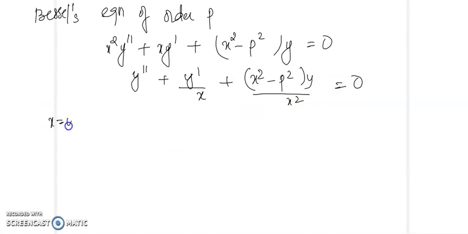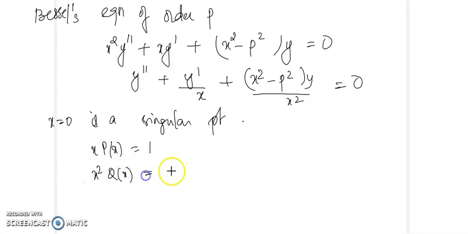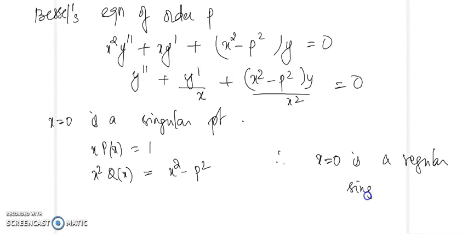Clearly x equal to 0 is a singular point because the coefficient functions fail to be analytic at x equal to 0. Now if you take x into p of x, that is equal to 1, and x square into q of x will be x square minus p square. Therefore you can see that x equal to 0 is a regular singular point.